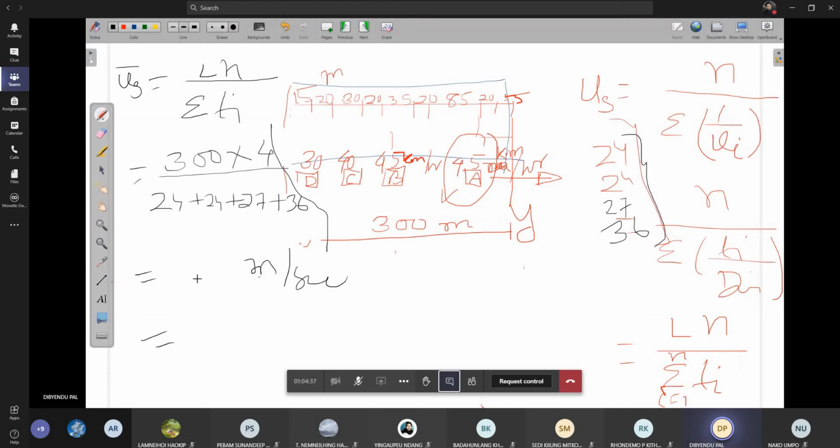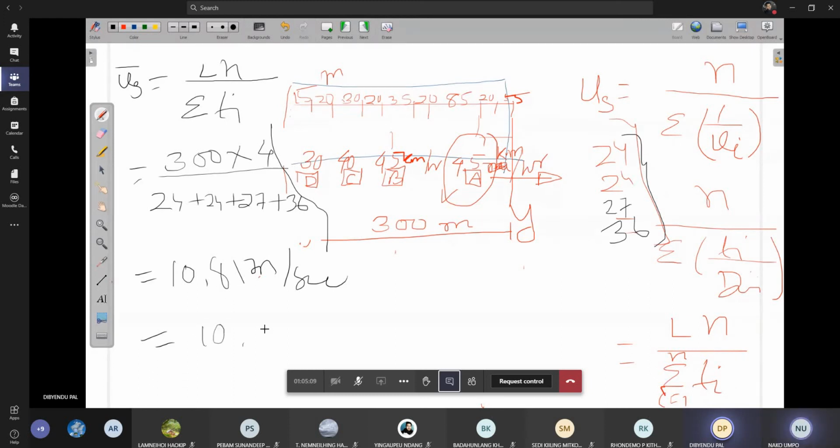How much is this coming? 300 into 4 divided by 24 plus 24 plus 27 plus 36. How much? 10.81 meter per second. If you convert into kilometer per hour, what is to be done? How to convert it?